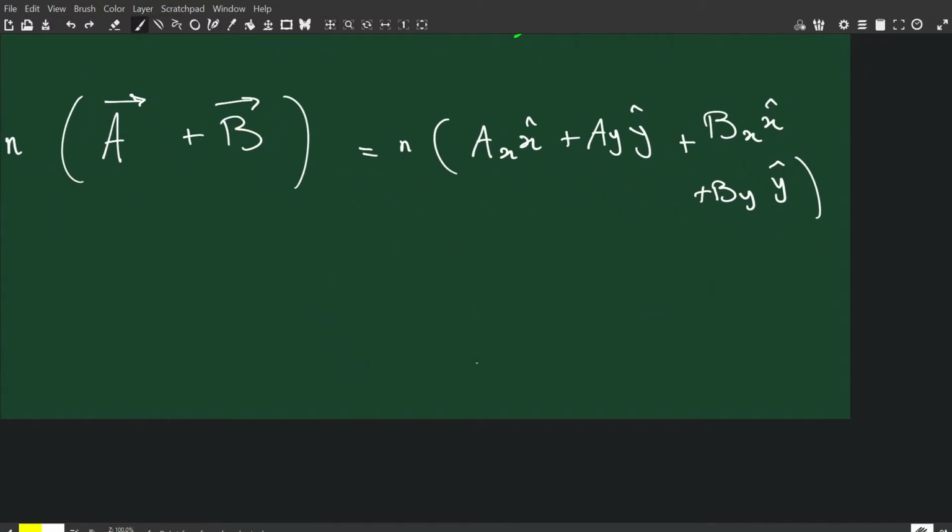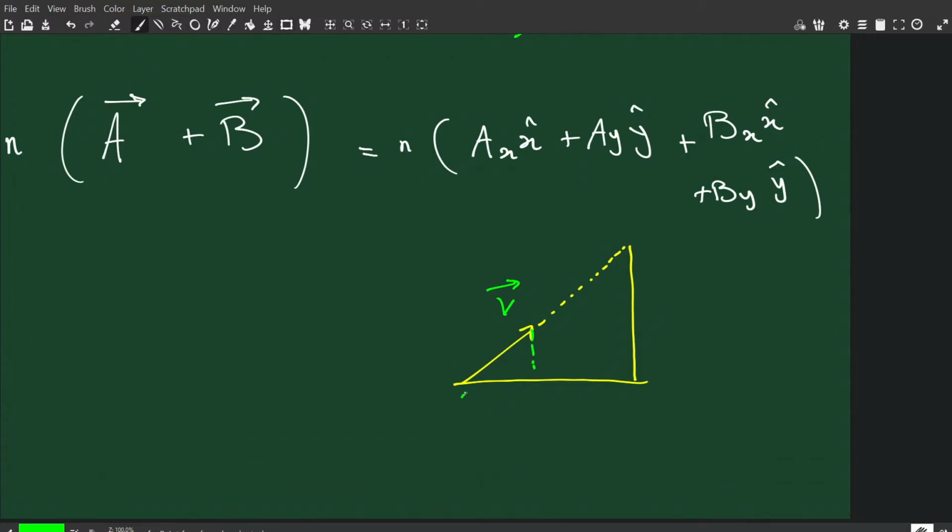If you see in the figure, when its length is multiplied by a number, the x-axis and y-axis components would change, and they will be multiplied by this number too. For example, assume that it's a v vector with vx and vy.